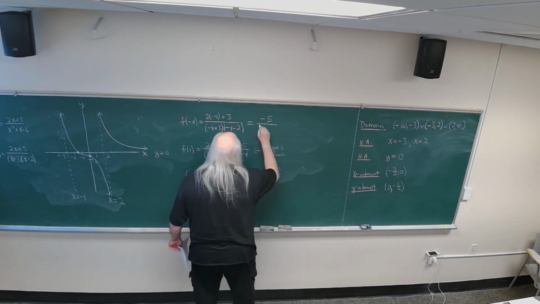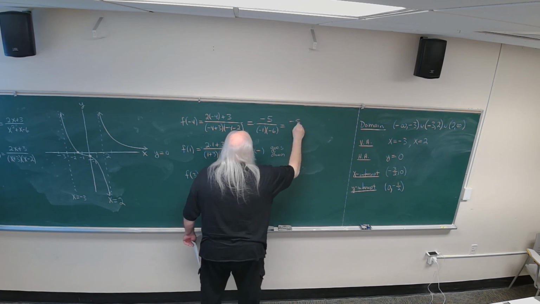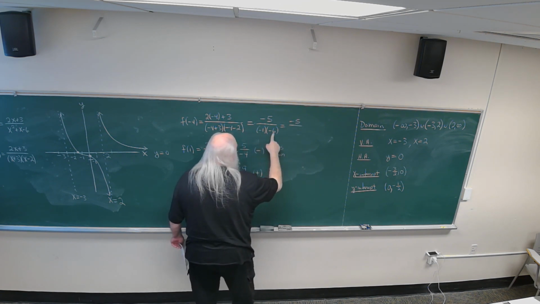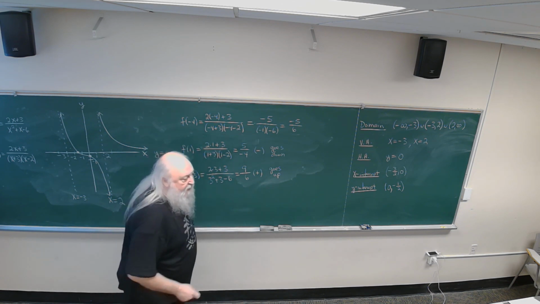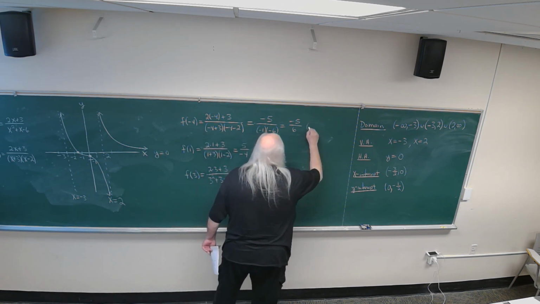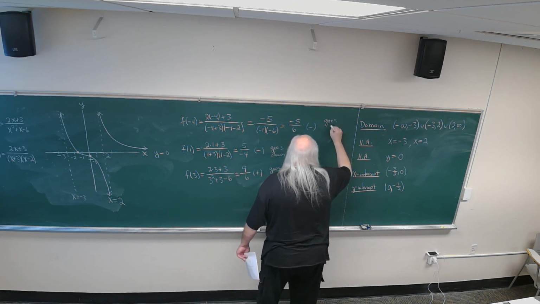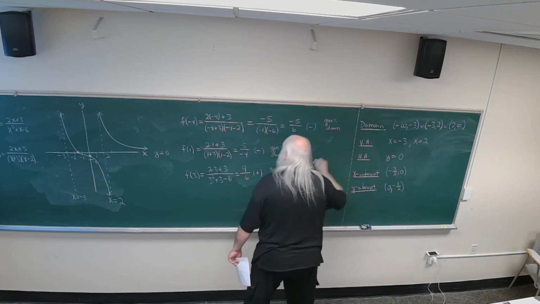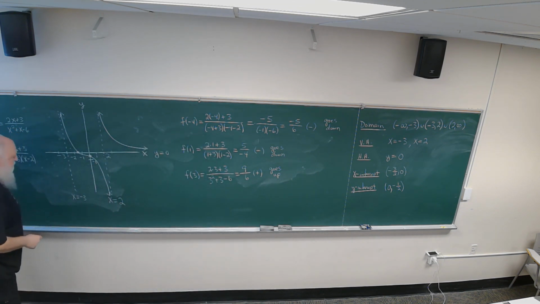Minus 4 plus 3 is negative 1. Minus 4 minus 2 is minus 6. And negative times negative is positive. So we have negative over positive, which is negative. So the graph goes down, okay, to the left of this vertical asymptote.